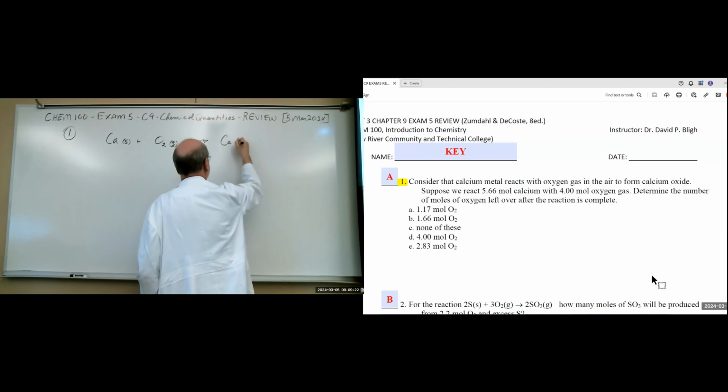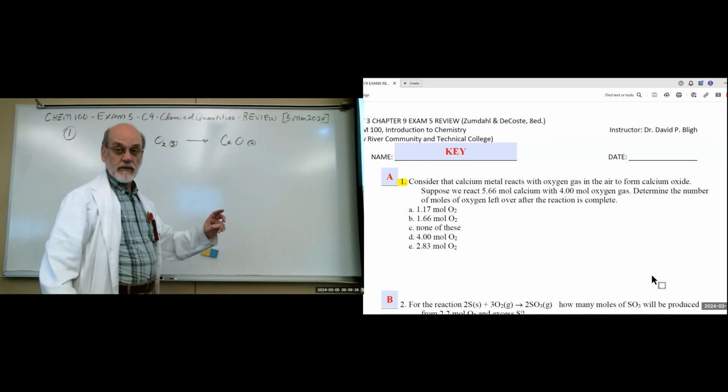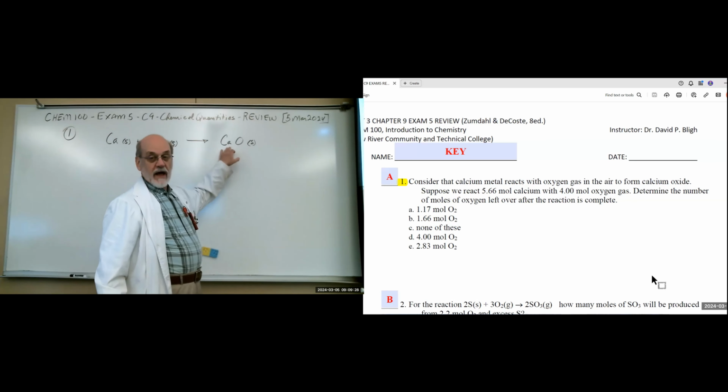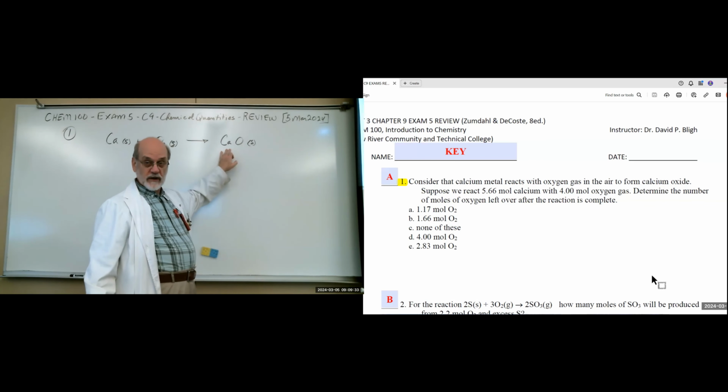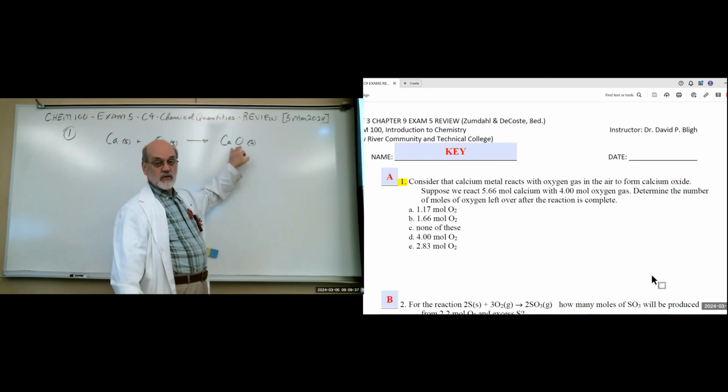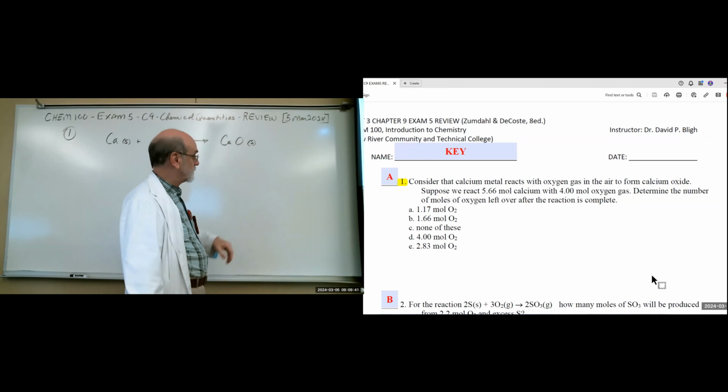Calcium, oxygen, which is a solid. Now, is that written correctly? Yeah, calcium is an alkaline earth with a 2+ charge. All alkaline earths have 2+ charge when they're in ionic compounds. And oxygen has a 2- charge when it's in an ionic compound. So just 1 and 1 is all you need.